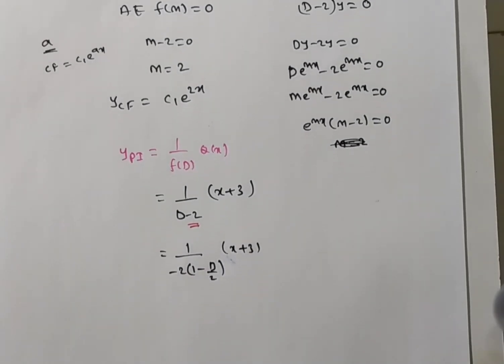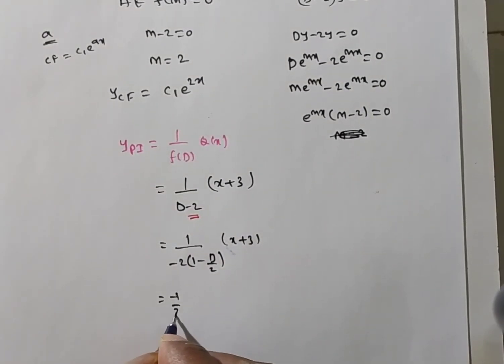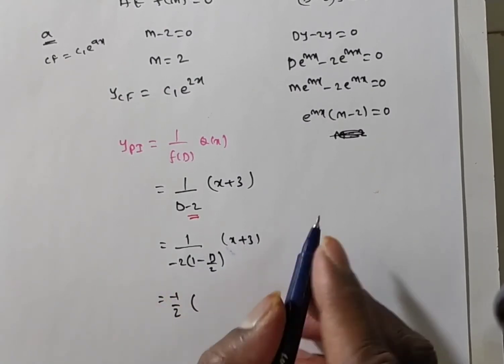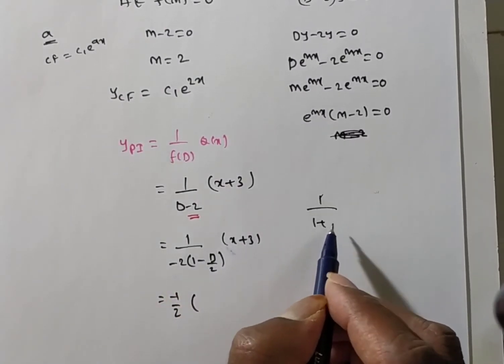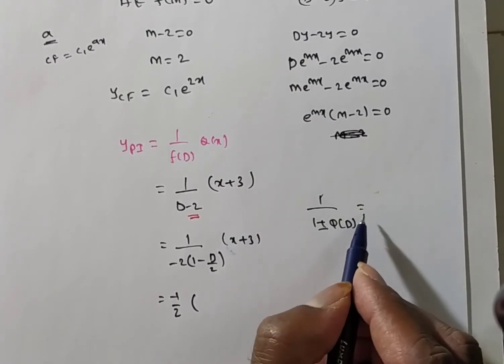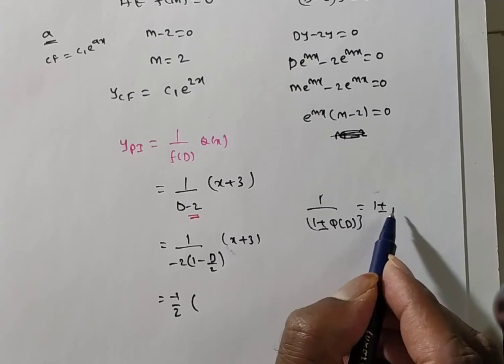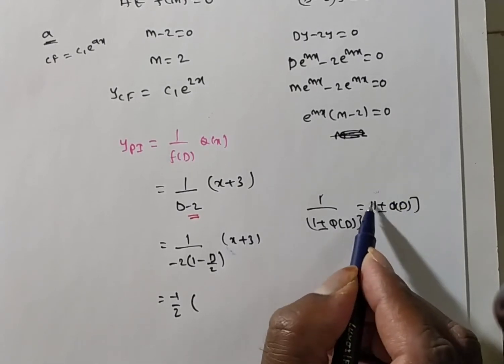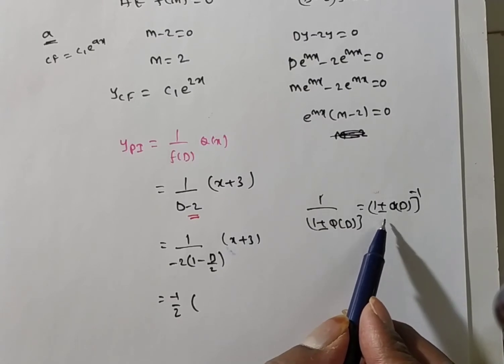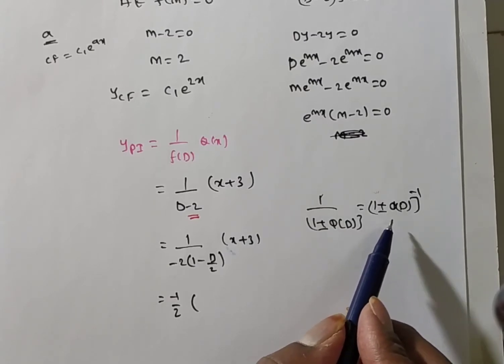So this one you can also write as -1/2 times, writing the denominator in the numerator. Now it is in the form of 1/(1 ± φ(D)). Now you can also write it as (1 ± φ(D)) whole inverse, because this one you can expand by using the binomial theorem.